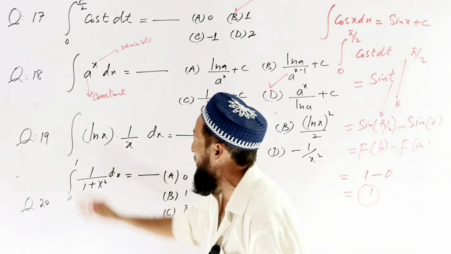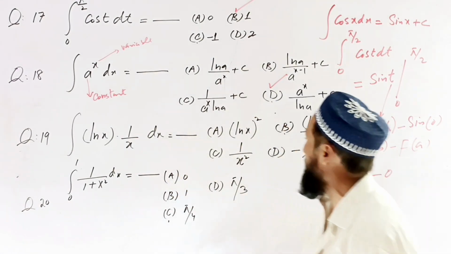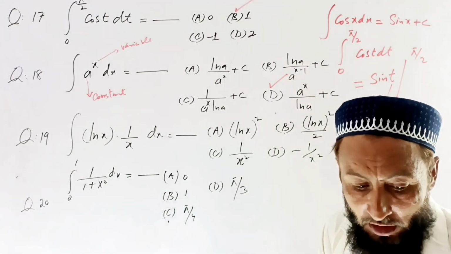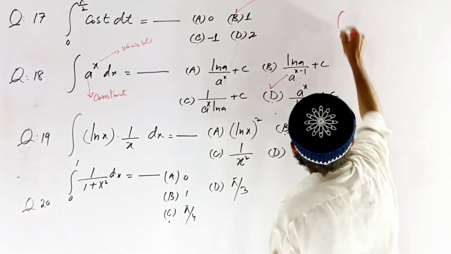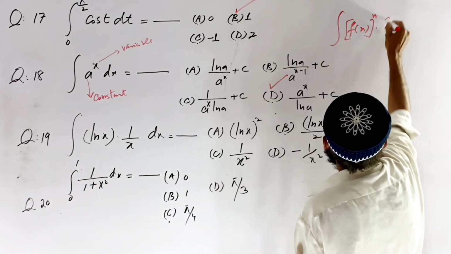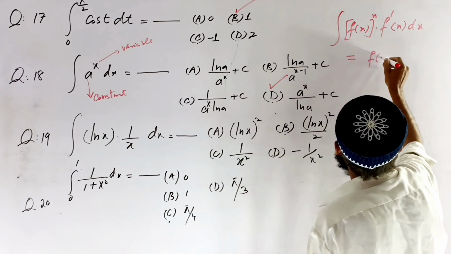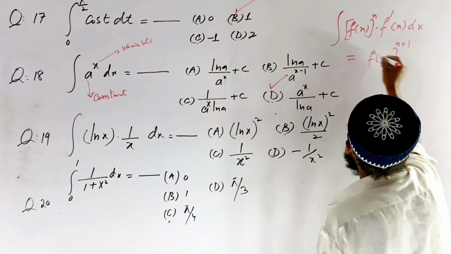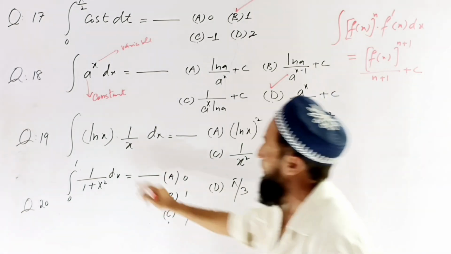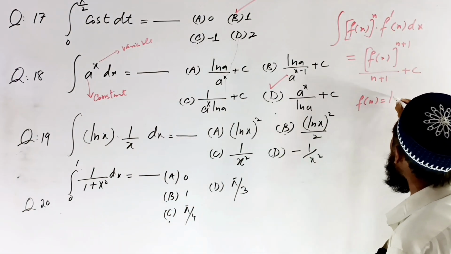And question number 19, integration of log of x into 1 over x dx, what is the result? Here we are using another formula. If the function f of x whole power n and its derivative is also available in the product form, we write the formula f of x whole power n plus 1 divided by n plus 1 plus c. Here the function f of x is equal to log of x.